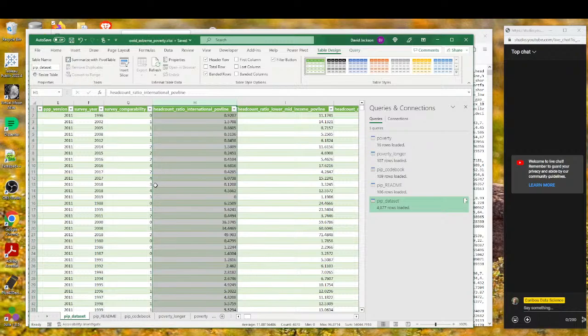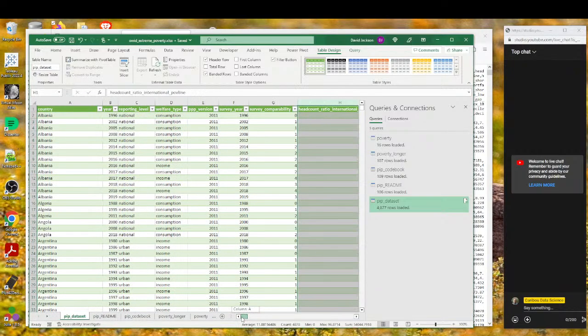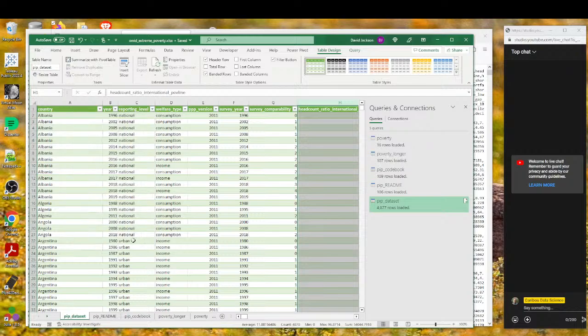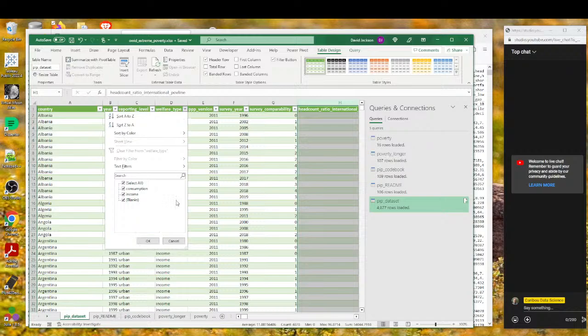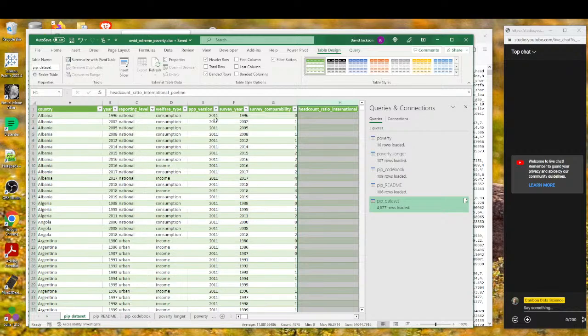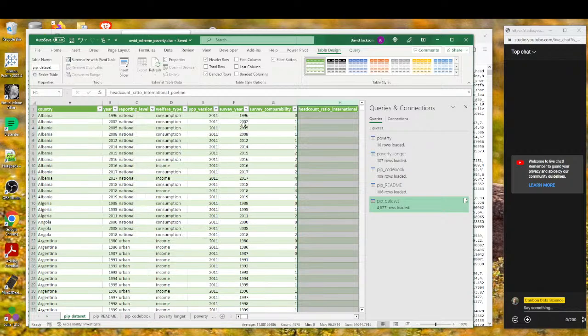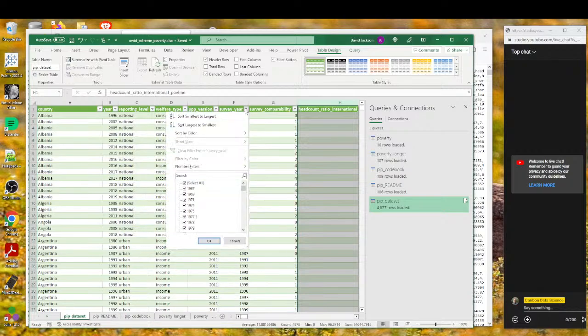Okay, so do we want to import the full data set? Why not? National, urban. What are the possible options here? Okay, blanks. Income blank. Hit survey. Not a very extensive survey, is it?